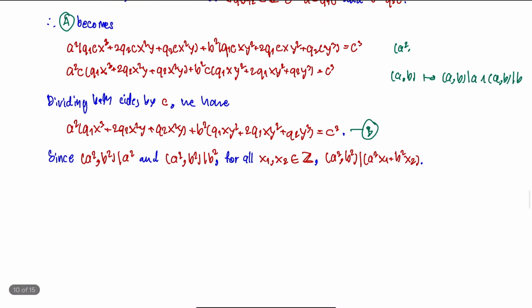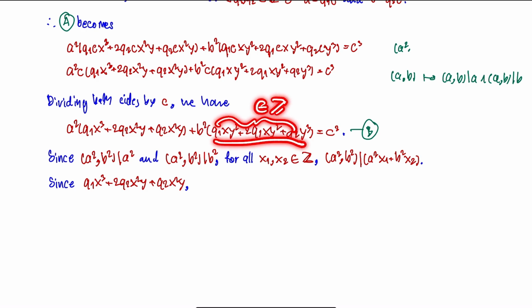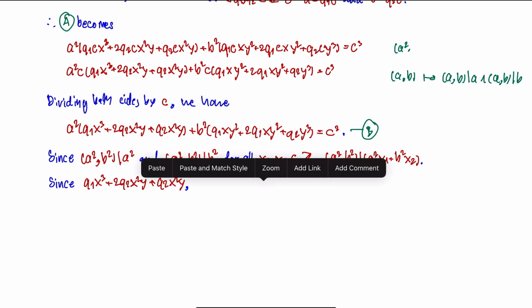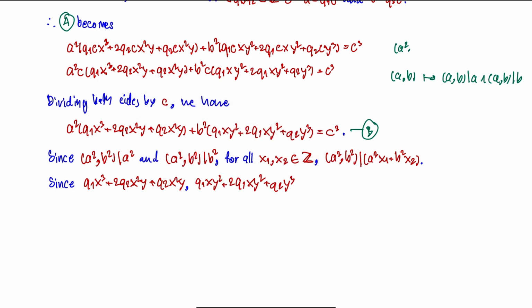Then what do we have next? We take a look at these numbers. These are integers, right? And this one right here is also an integer.